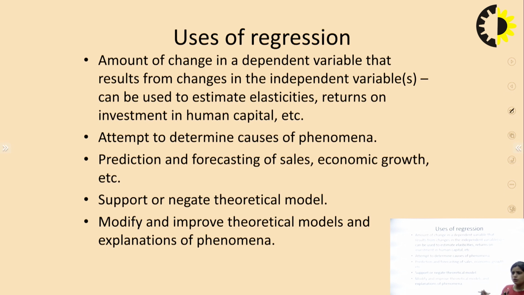Based on historical studies, based on last year's studies, we are going to predict these kinds of things. So basically the regression model is used to predict certain things, support or negate the theoretical models, and it can also be used in modifying and improving the theoretical models and the explanation of that particular theoretical phenomenon.